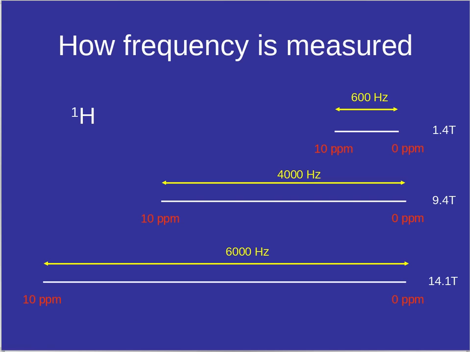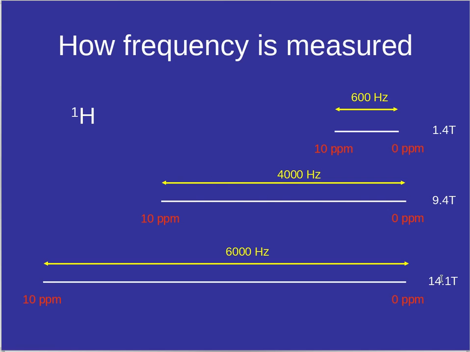There's an interesting situation: in a very low field strength magnet, you'll find that with normal organic compounds the signals range about 600 hertz between the reference frequency and the maximum frequency. In a 9.4 Tesla magnet, the signals range over 4,000 hertz.